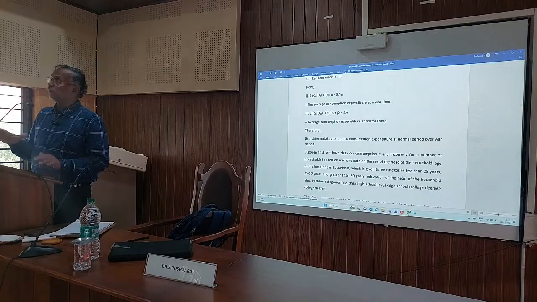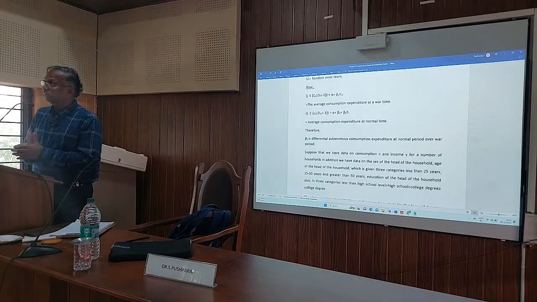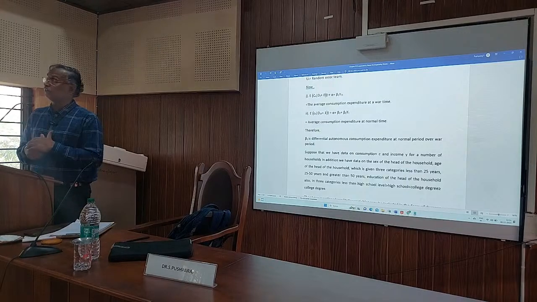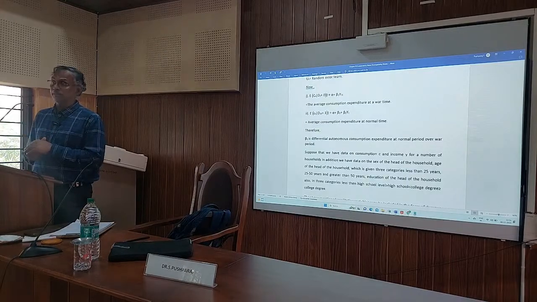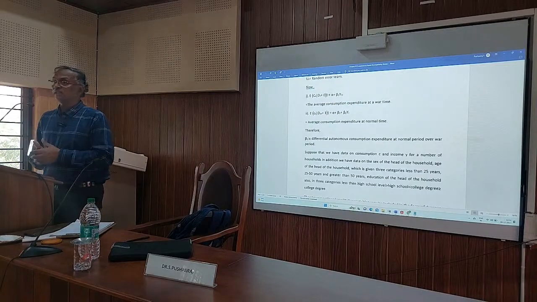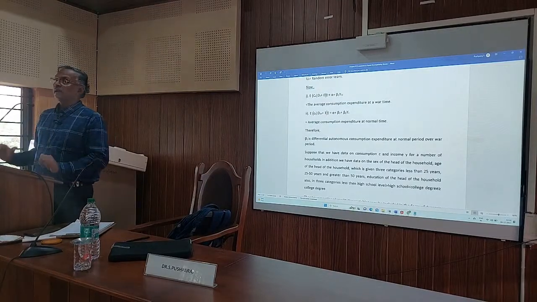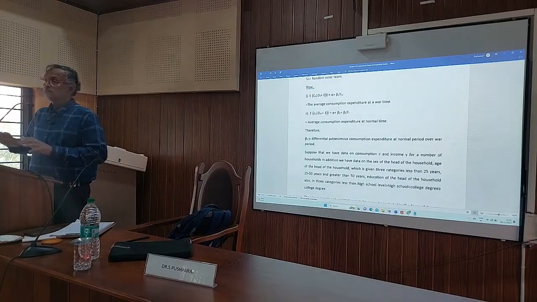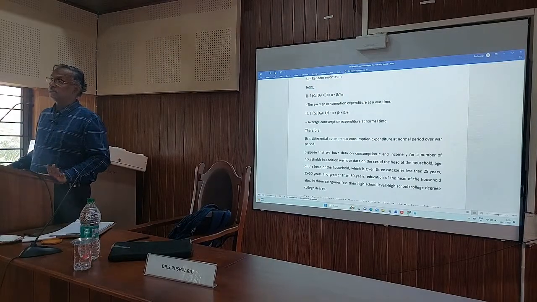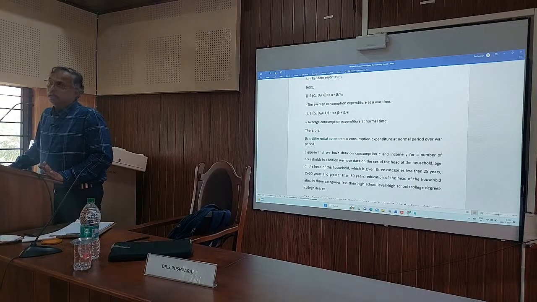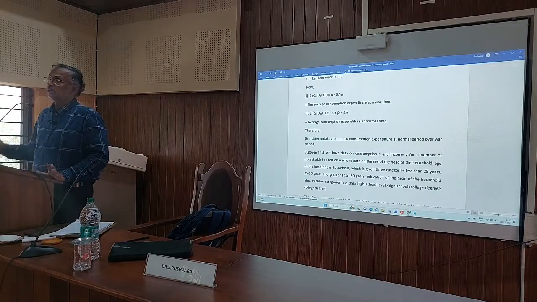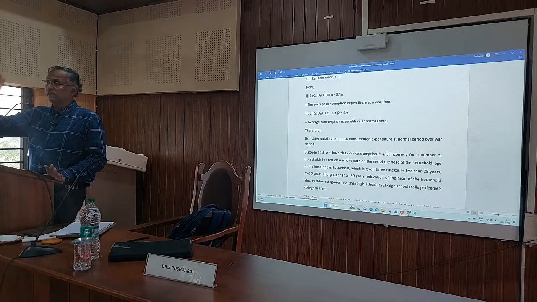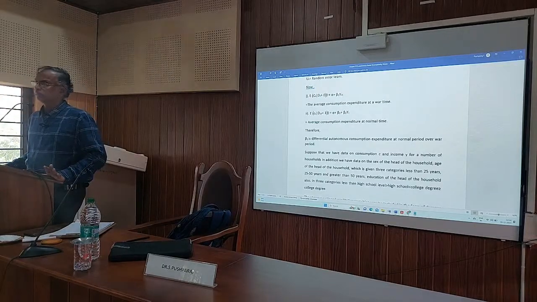T-test can only compare two averages, but here you are comparing two conditional averages, right? Conditioned averages, right? Secondly, your f-test can only say whether the population is homogeneous or not. It will not say which group is different from another group, right? If there are three groups, it can only say all the three are not the same.